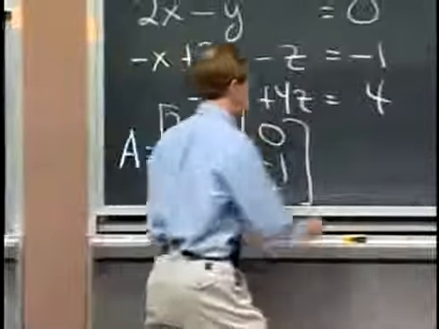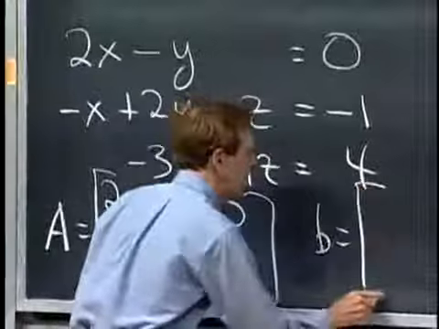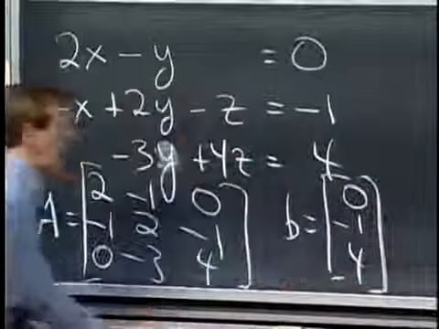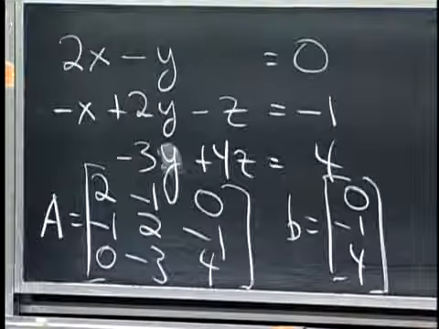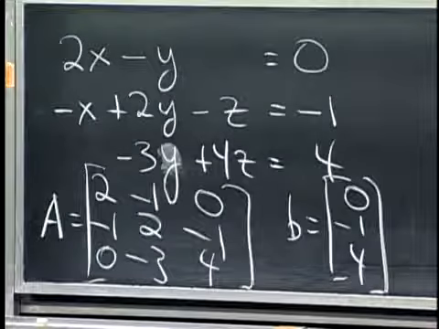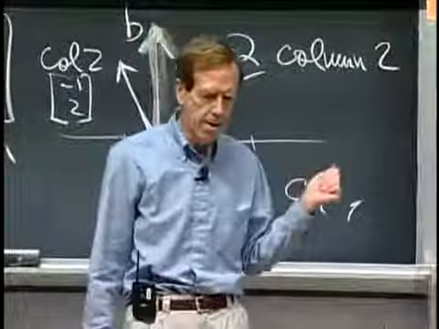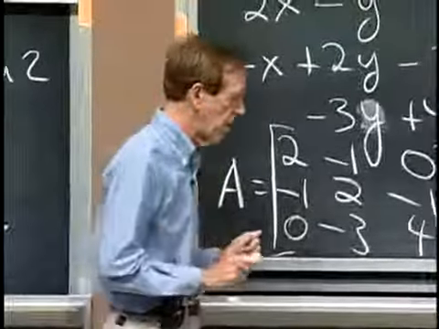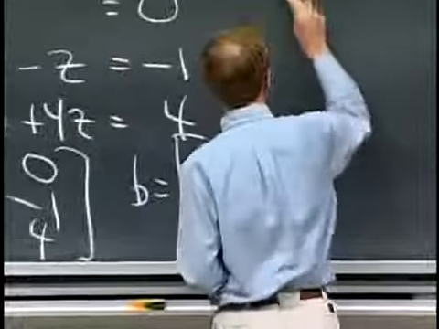And what's our right-hand side? Of course, it's the vector 0, minus 1, 4. Okay. So that's the shorthand to write out the 3 equations. But it's the picture that I'm looking for today. Okay. So the row picture.